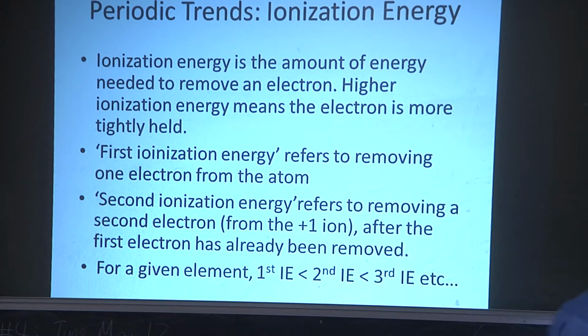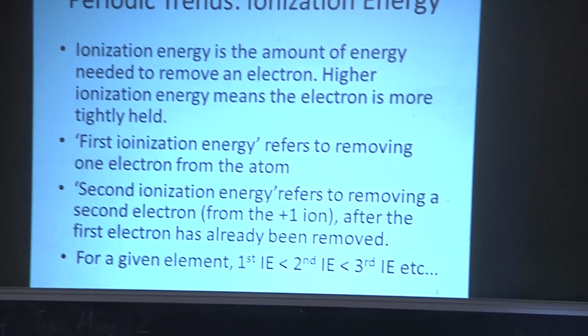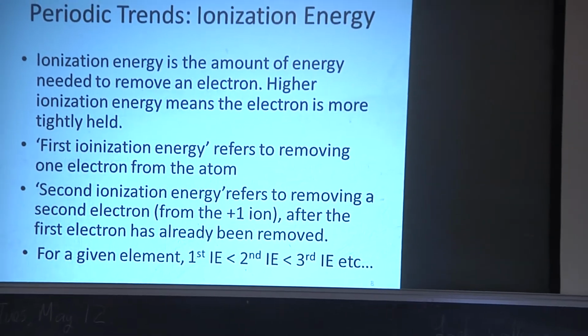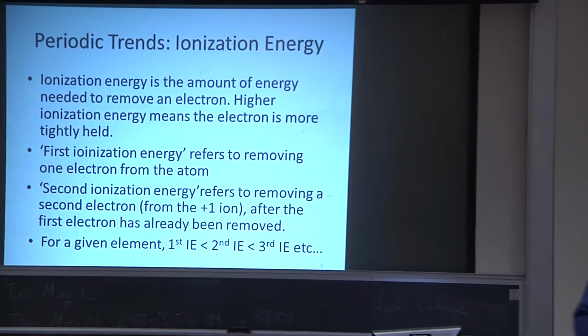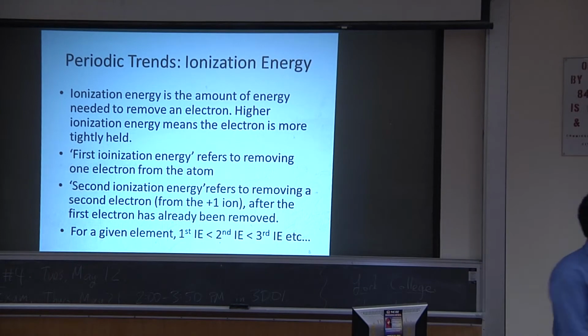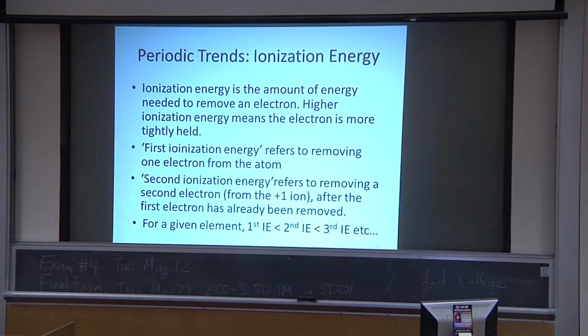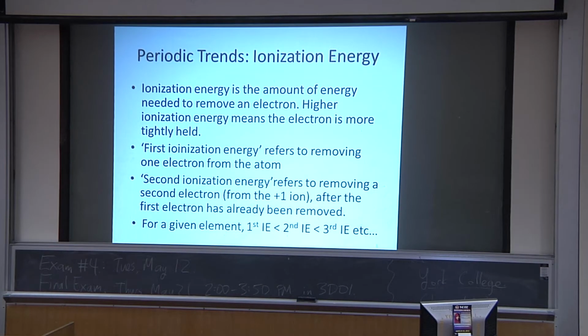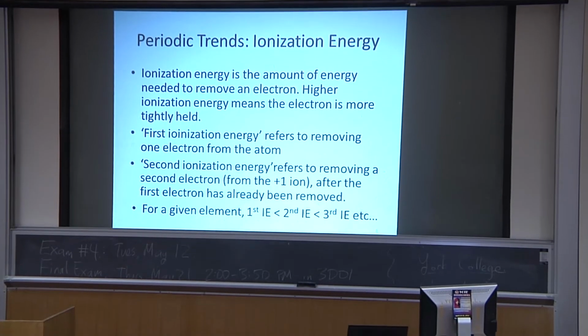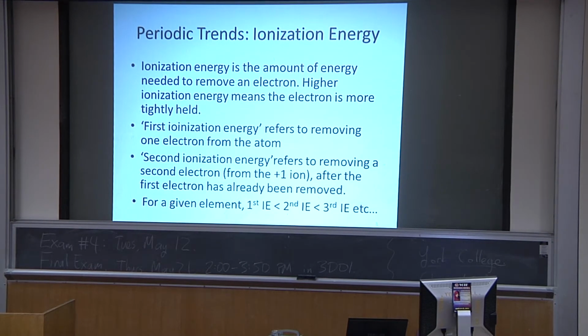And so the most important principle here is the octet rule. The octet rule says that if you have 8 s and p electrons, or in other words, a noble gas configuration, you're energetically stable, you're happy.